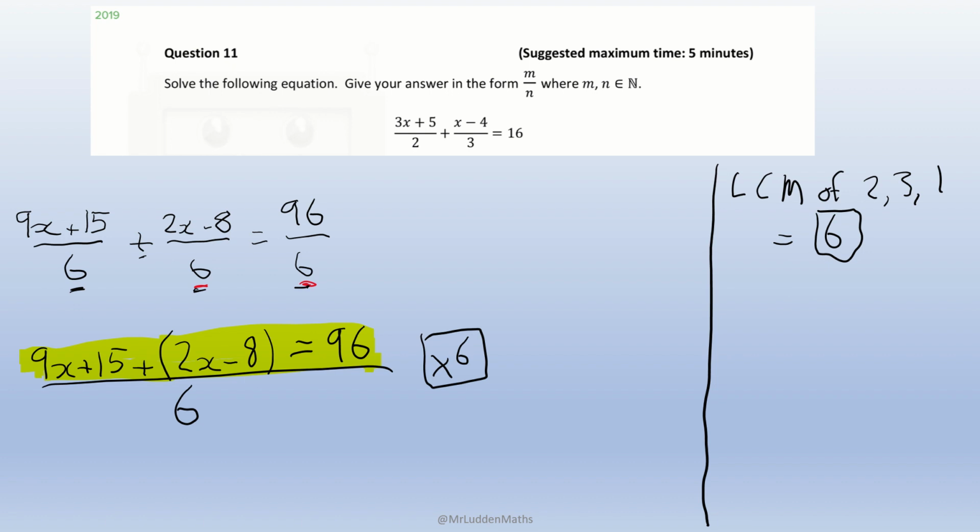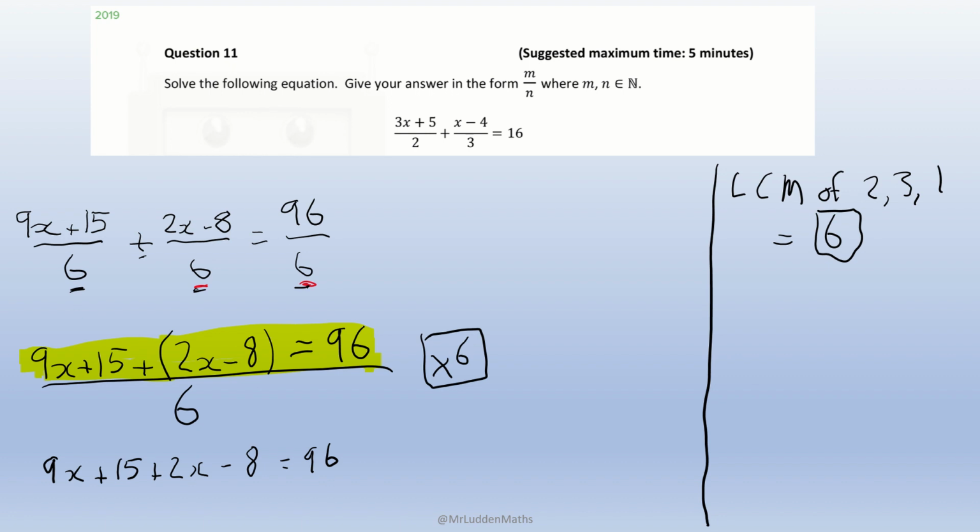So what I'm going to have down at the bottom is my 9x plus 15. And now I'm going to get rid of my brackets. I'm going to have plus 2x minus 8 is equal to 96. And from here you've gotten rid of your fractions, so all you've got to do is tidy up what's at the bottom.